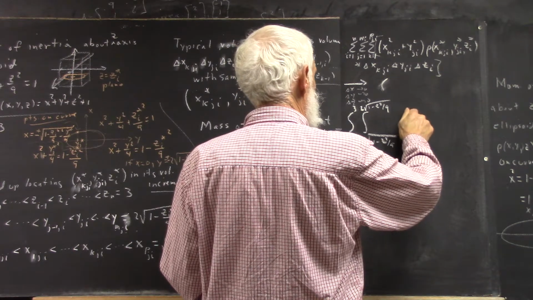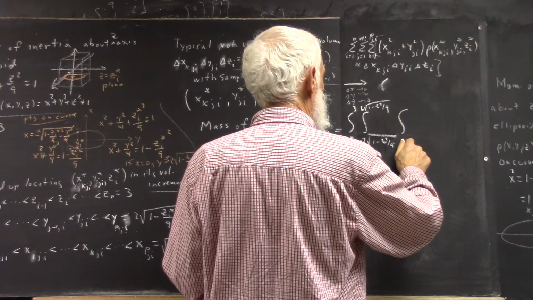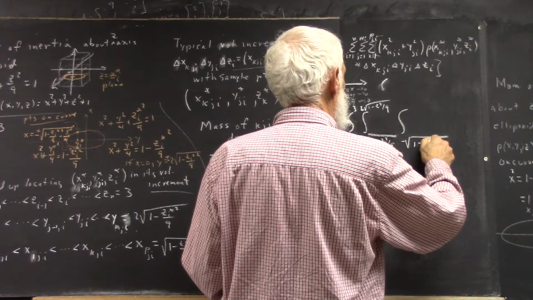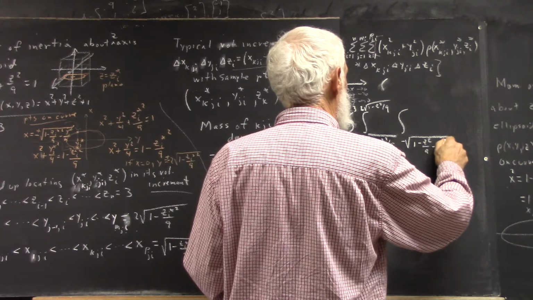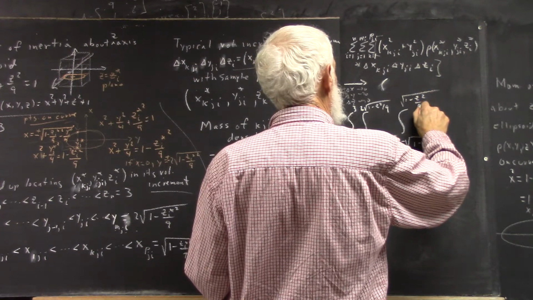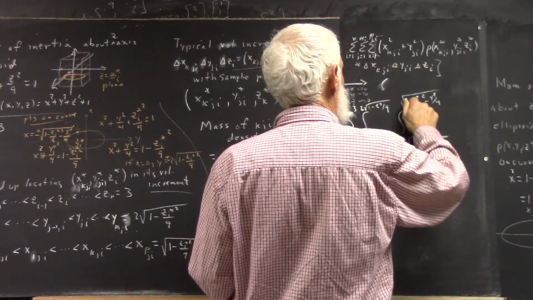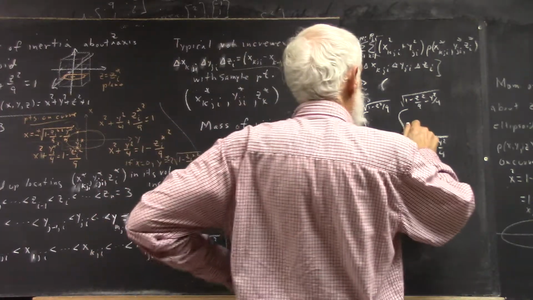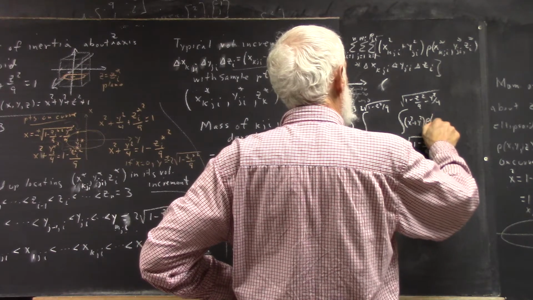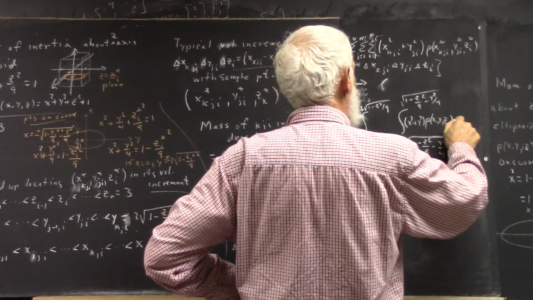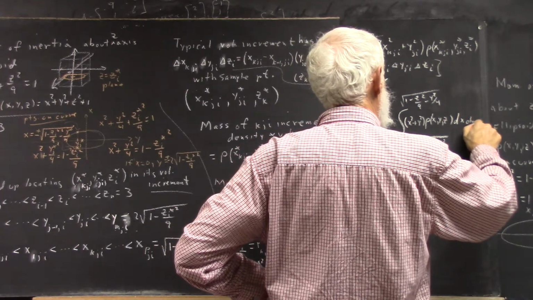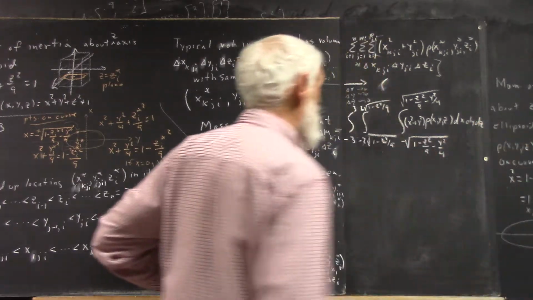And then x goes from negative the square root of 1 minus z squared over 9 minus y squared over 4 to the square root of 1 minus z squared over 9 minus y squared over 4. Of what? x squared plus y squared, rho of x, y, z, dx, dy, dz.